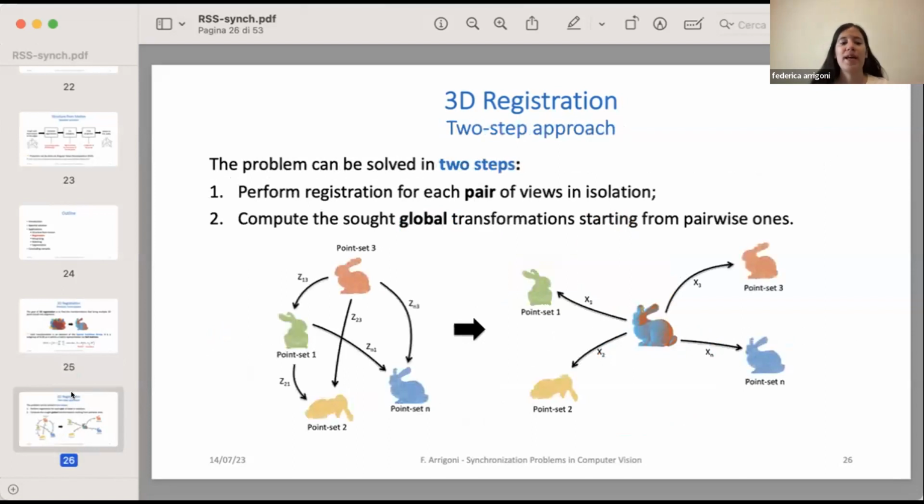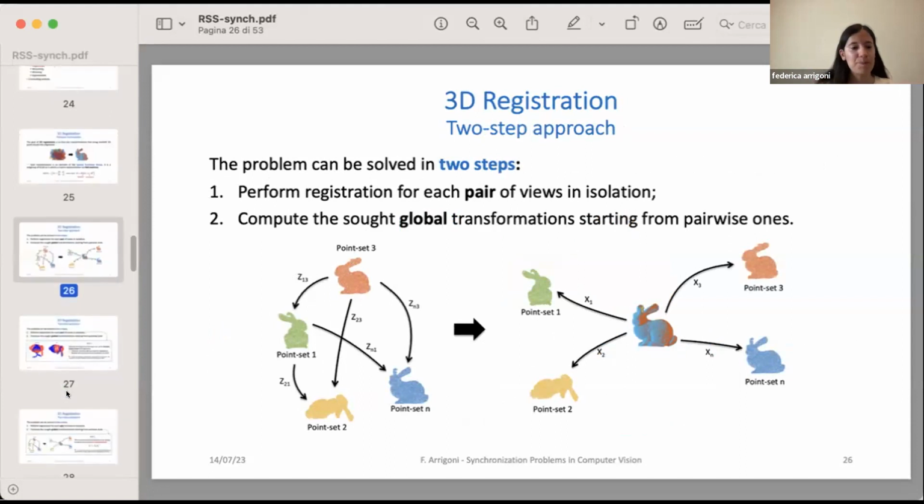As before, we can frame this problem as a two-step approach, where first we solve our problem for pairs of views in isolation. This produces the measures on the edges of our graph. Then we compute the global transformation starting from pairwise ones.